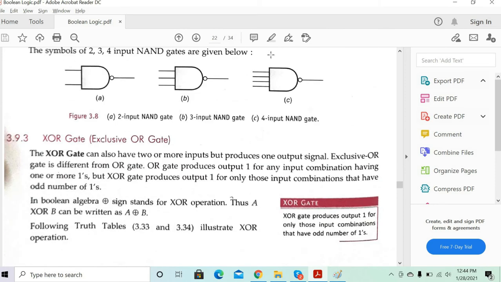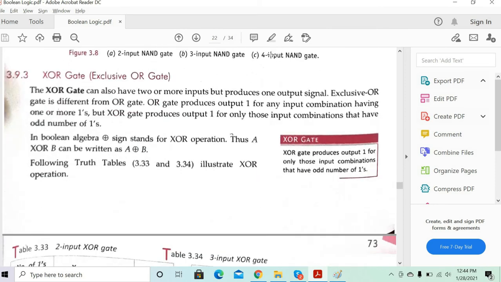Now let's go to the XOR gate. What is the XOR gate? XOR gate is the exclusive OR gate. Exclusive OR gate means it produces the output 1 only when the input combination has an odd number of ones.